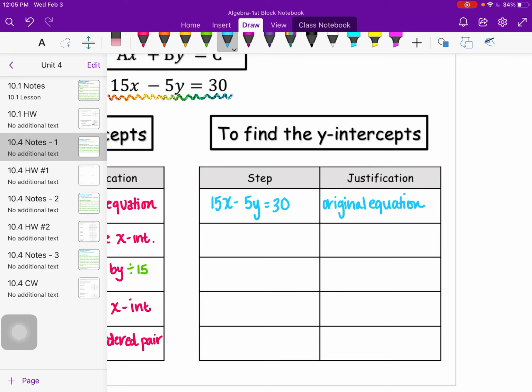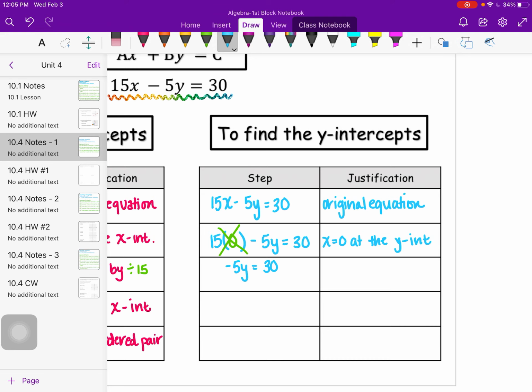So at the y-intercept, x is equal to 0. We're going to substitute 0 in for x. The nice thing is 15 times 0 is 0, so that is gone, and we're left with this equation to solve: negative 5y equals 30.